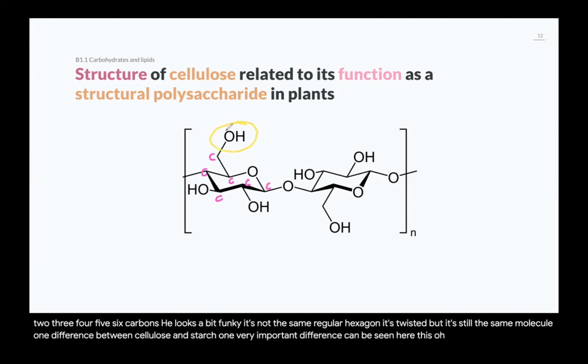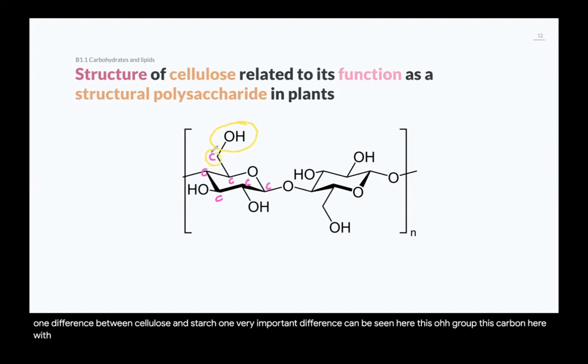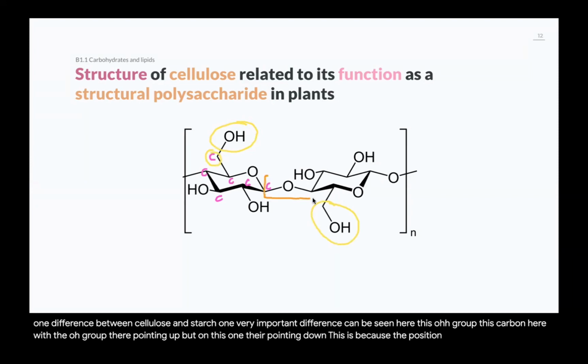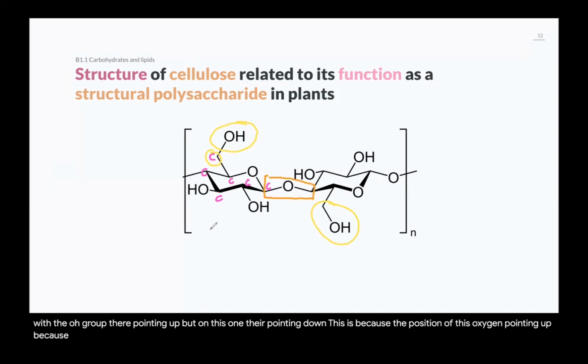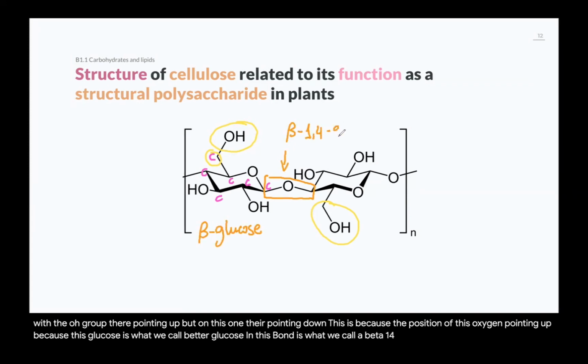This OH group, this carbon here with the OH group, they're pointing up, but on this one, they're pointing down. This is because of the position of this oxygen pointing up, because this glucose is what we call beta glucose. And this bond is what we call a beta 1,4 glycosidic bond.